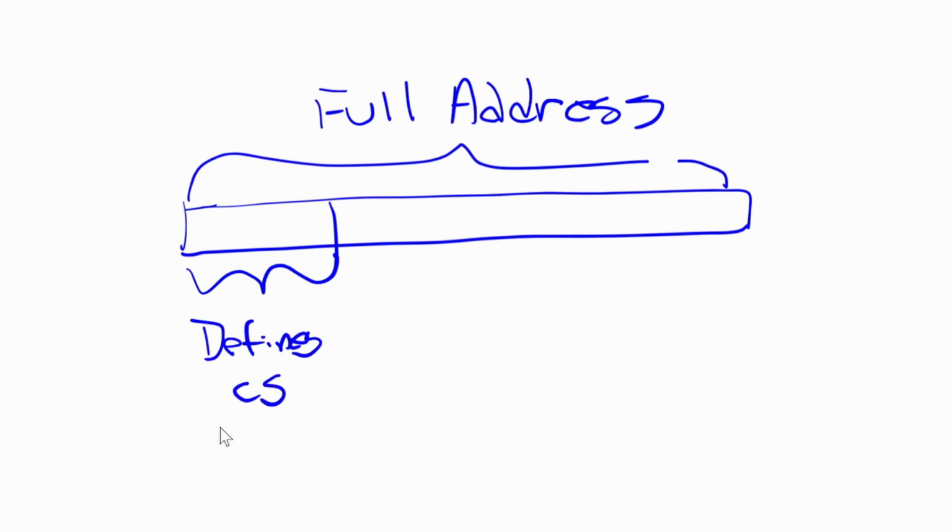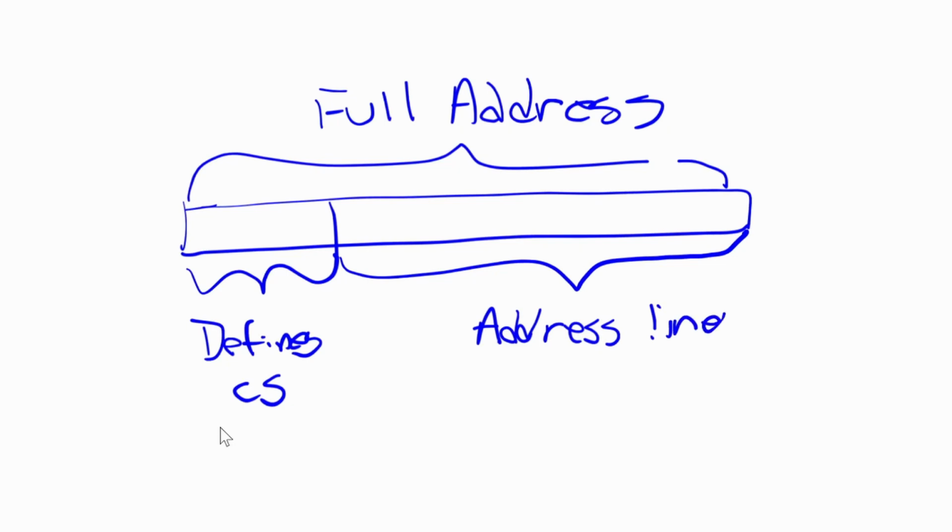All right, sorry about the handwriting, but apparently my handwriting isn't as good on a tablet as it is on the board. And then we've got these remaining bits, which are address lines going to the memory device. And if you understand these pieces, you can understand exactly how to solve these problems.